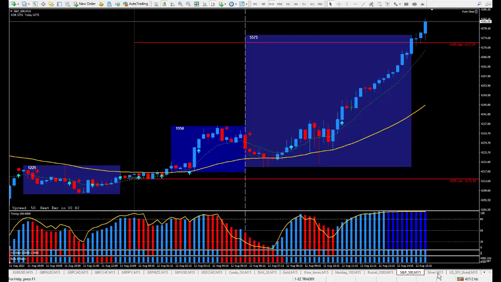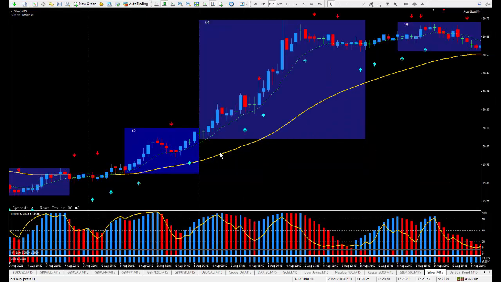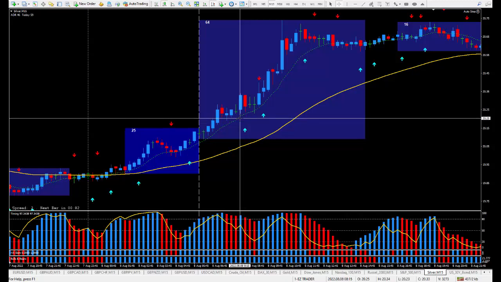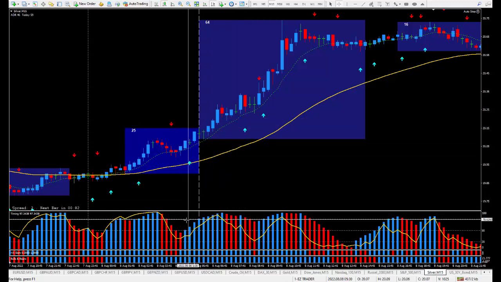Silver now, you'll notice that the arrow's further away because look at, there's the digits, not as many. So no big deal. All I'm interested in is the audio alert. That's what I'm looking for. And after you get the audio alert and a pop-up box saying to buy, which would be right here, and of course all through here, these are all buy signals.